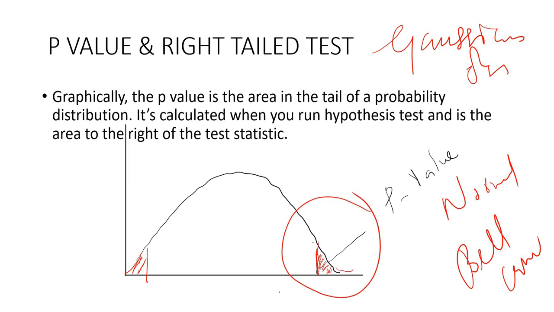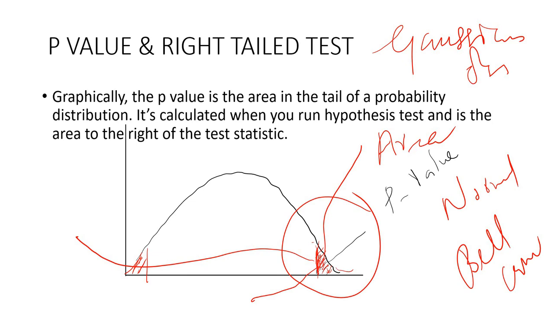This is the critical value. From this, we will calculate the area of this portion. Graphically, the p-value is the area in the tail of a probability distribution. This area is the p-value. How do you get this critical point? You have different approaches. Even in outlier detection, we have videos for that.